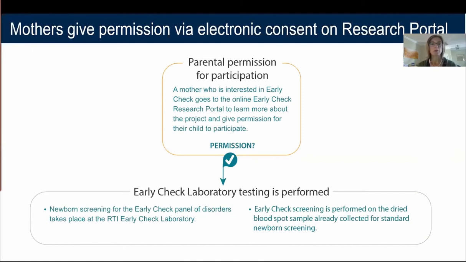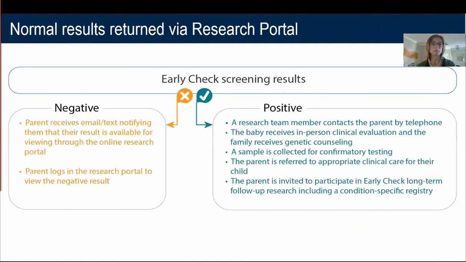If the mother enrolls her child, we conduct the screening using residual dried blood spots from the state laboratory in North Carolina, and that testing is actually done at RTI. And if the child screens negative, which is what happens for the vast majority of participants in Early Check, the parents receive the result, the normal result, through the research portal as well.